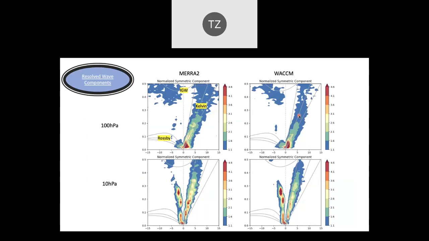Yeah, here, you see. At 10 millibar, because the QBO is strongly biased in WACCM, the westerly waves are already filtered too much. I think this plays an important role in the bias of the SAO. So this is an important source of error in simulating the SAO.